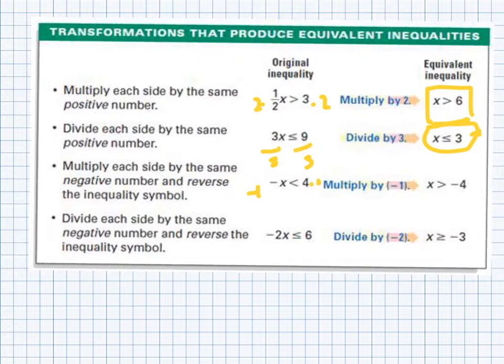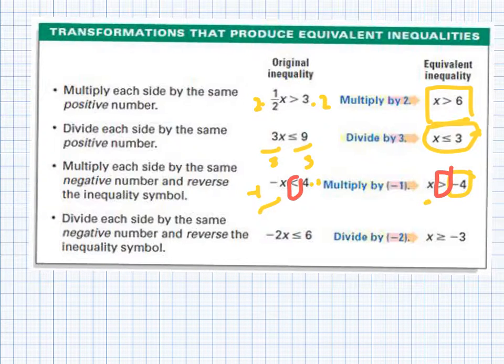And on this side, a negative 1 times negative x is going to give us a positive x, and a negative 1 times 4 gives us a negative 4. But most importantly, our sign will switch. So we go from less than to greater than.